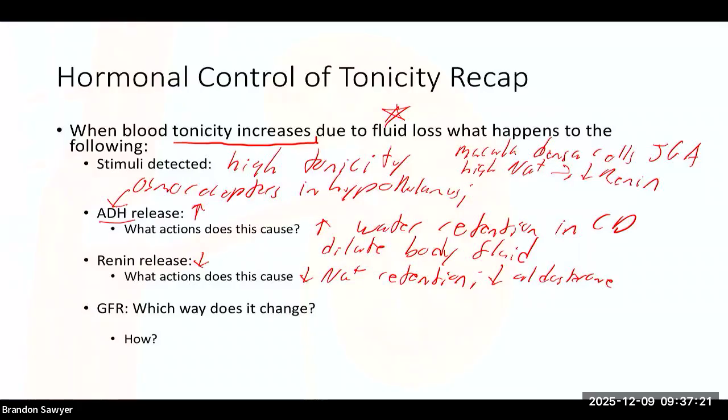And so our last piece here is that our GFR is going to change, right? So if we have high sodium levels, like we're talking about, we're going to see a constriction of the afferent arteriole.